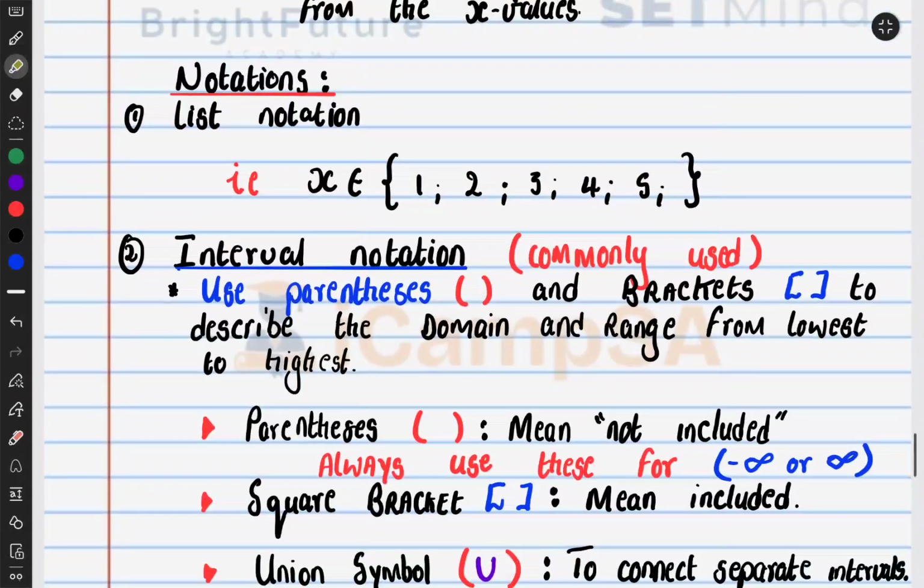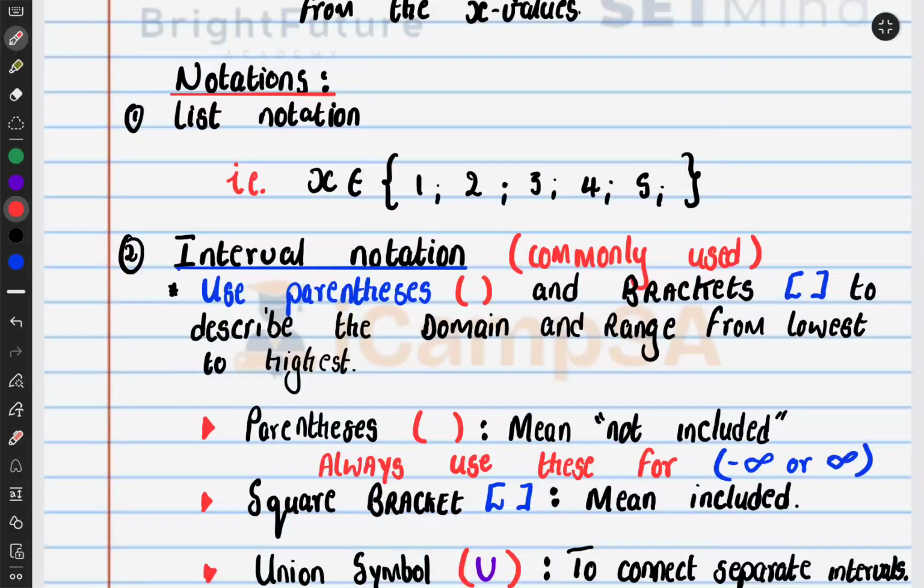First, we have list notation, which is, for example, x is the element of, and then we list all the values. If we are considering the domain, we list all the x values for which our function exists. This typically works when we are dealing with discrete or non-continuous functions.